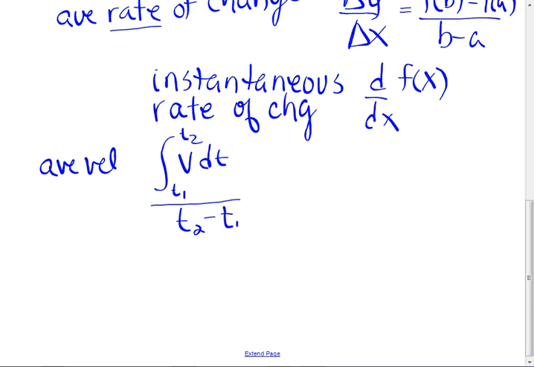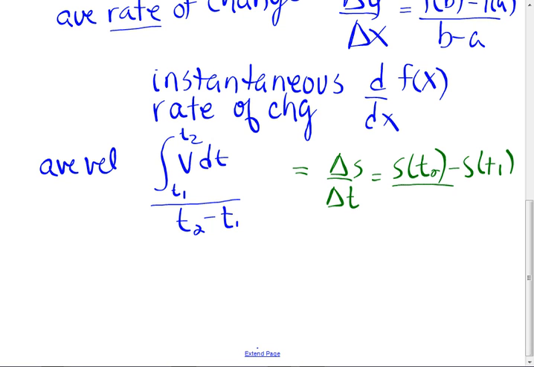I just said I wasn't going to do it, and I'm doing it. If I want the average velocity, and I'm not given the velocities, but I'm given the position, it's also equal to the change in the position divided by the change in time, which is s of t2 minus s of t1 over t2 minus t1.